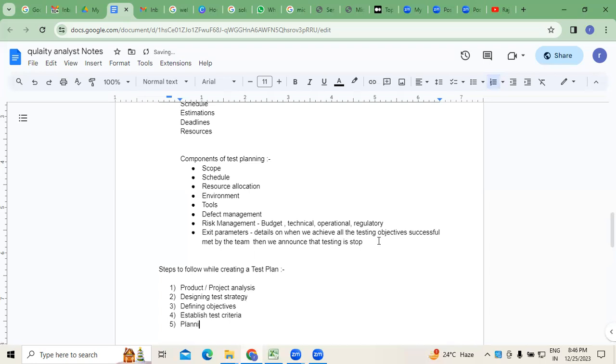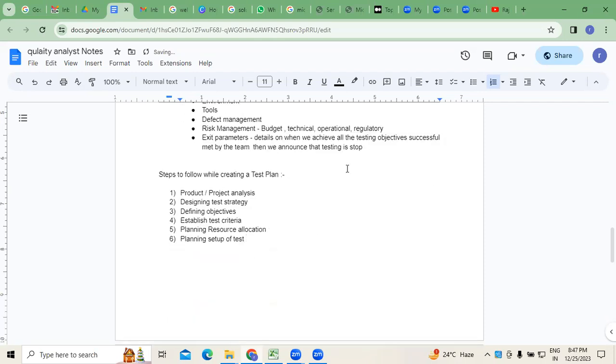Next, planning resource allocation, right? How many resources we require depends on the kind of model we are choosing, and everything will vary. Next, planning the setup of the test environment, right? The test environment can be hardware and software.